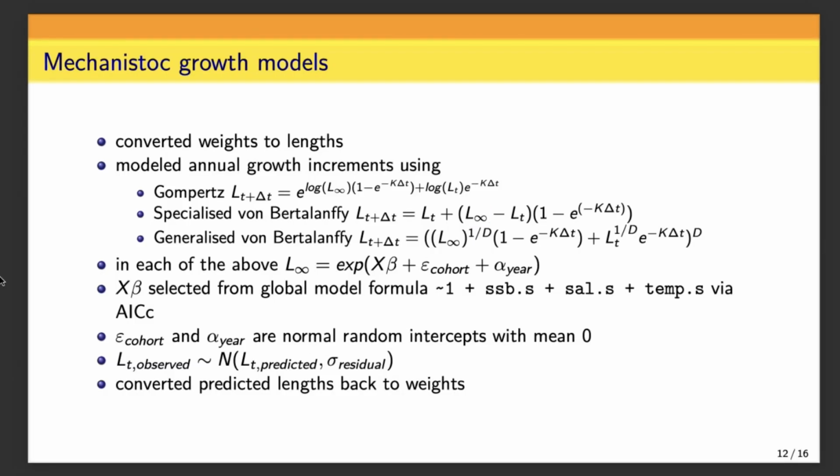I guess I'm more used to fitting von Bertalanffy not with this sort of incremental version, but where you have just the length as the response variable, and then as a function of L infinity times the bracket with the x and the minus k.